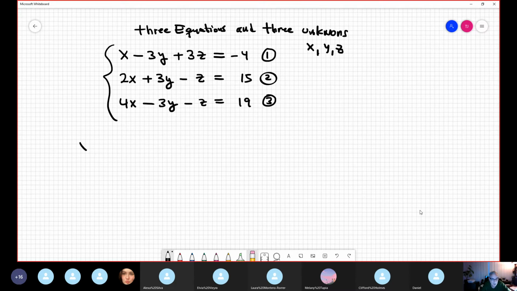I copy them separately like that, step by step, because I am very, very meticulous. x minus 3y plus 3z equals -4. My equation 1, I recopy again, and the equation number 2, I select. But what is the reason? Because I need to be smart. I select equation number 2 because I see clearly, like water.